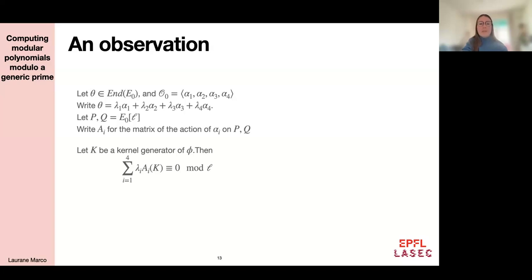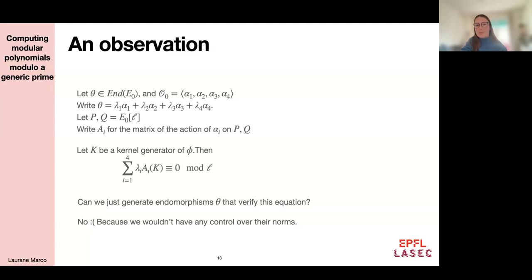And you can be like, okay, so maybe instead I can choose the kernel somehow and then derive the coefficients accordingly. But then if you do this, you have no control over the norm of the endomorphisms that you generate, and that's not good for our purpose.